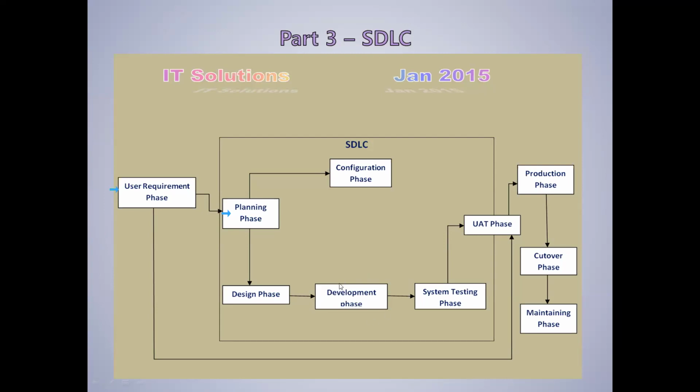They start their coding and start building the software. Once they're done building the application, they do some internal testing. They perform two types of testing: unit testing and integration testing.